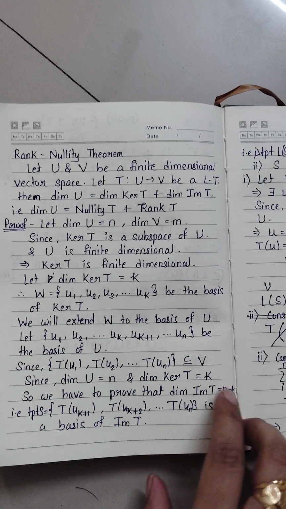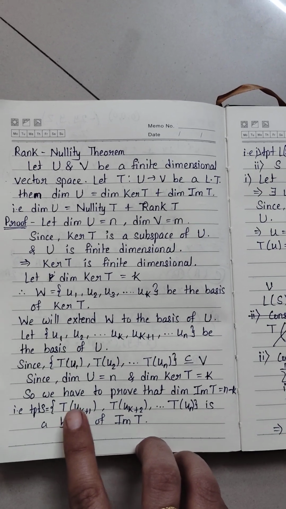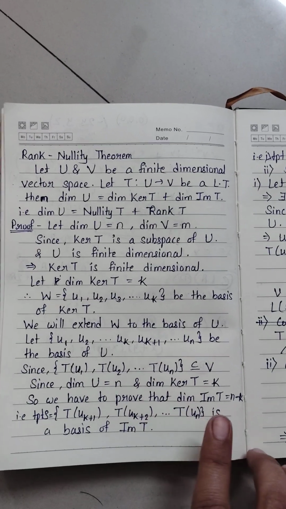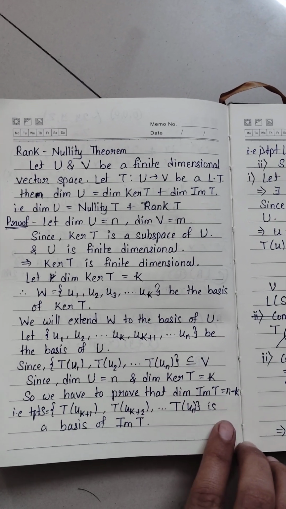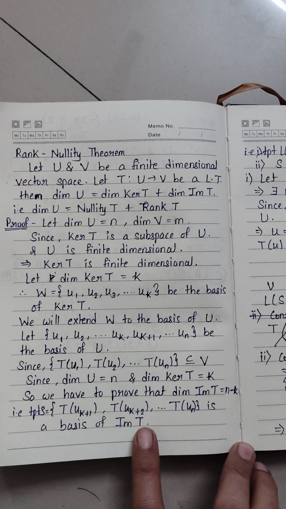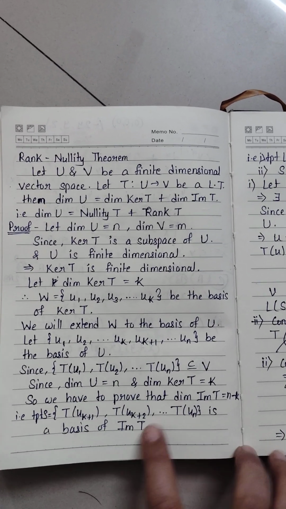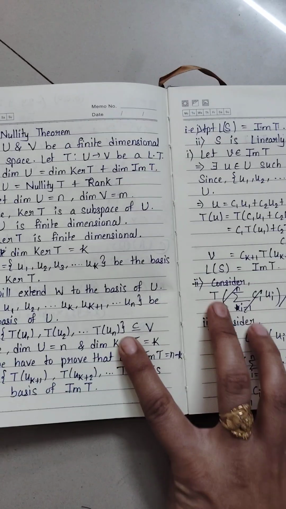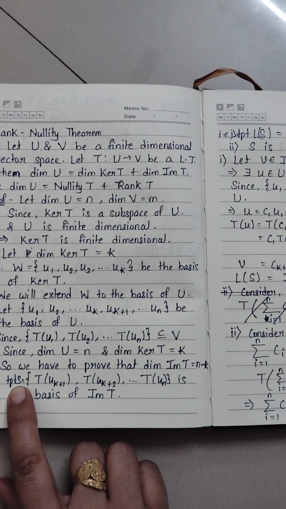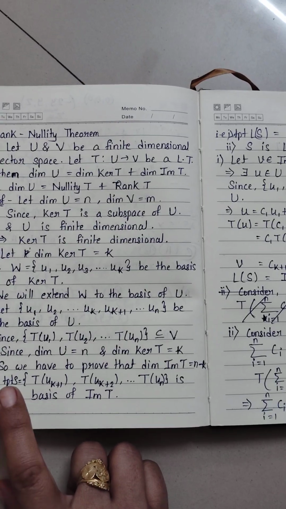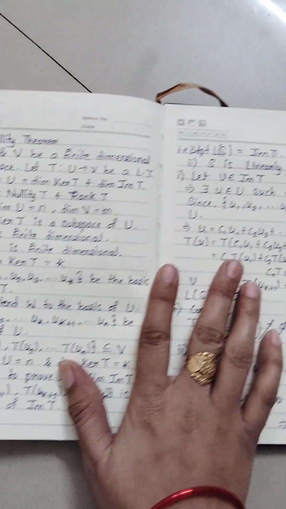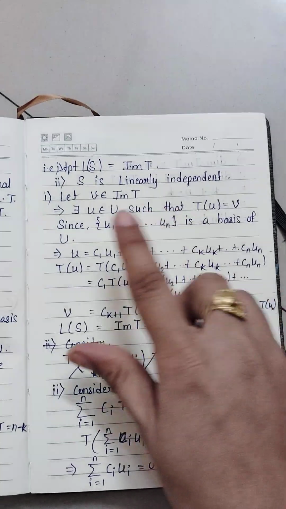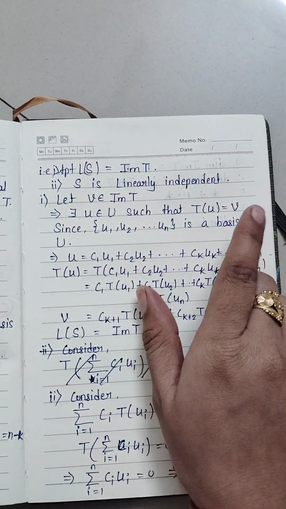For that we will show that T of u(k+1), T of u(k+2), and so on up to T of un is the basis of our image of T. To prove that this set is a basis, we will call this set S. Now we will show that this set S spans the image of T, and that it is a linearly independent set.